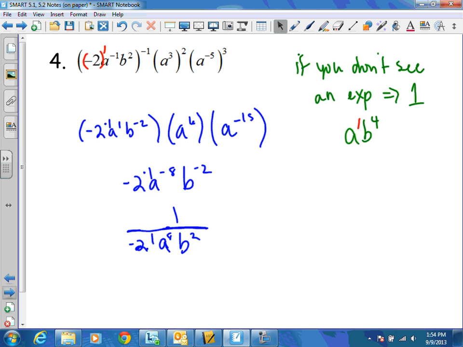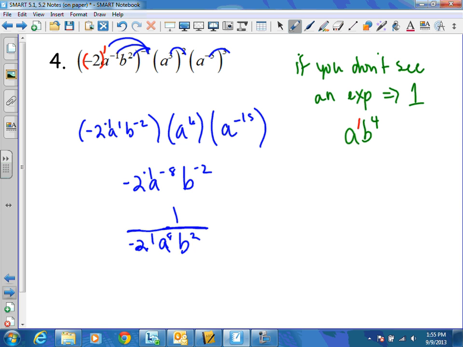Okay, so the first thing we did was distribute this negative 1 to all of those exponents, this 2 to that exponent, and this 3 to that exponent. So that's the first thing she did. Is that okay? Then she said I'm going to put together all of the like bases.